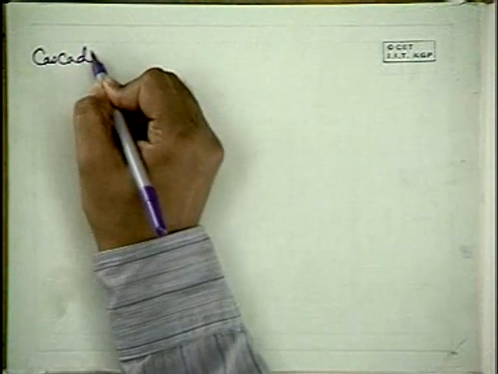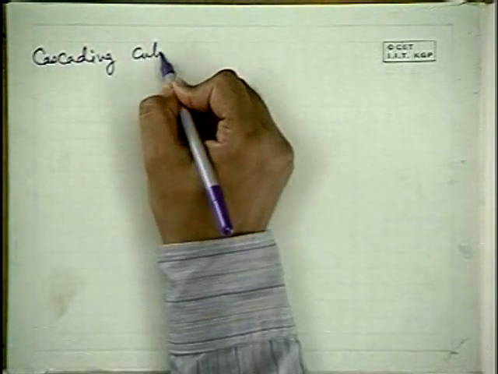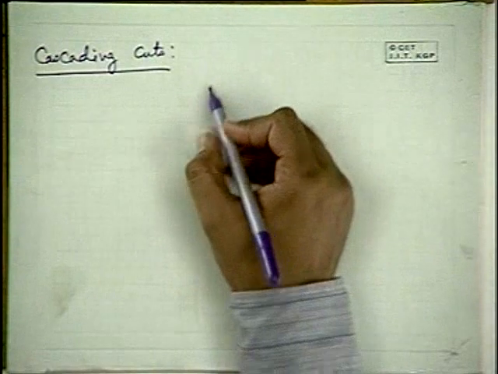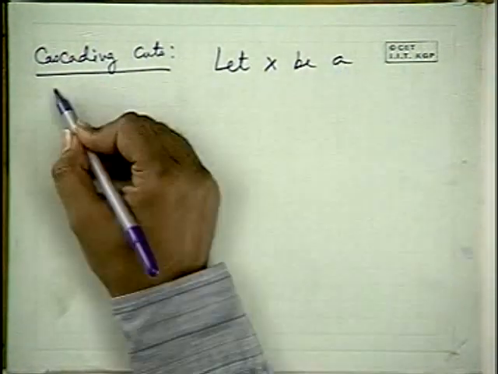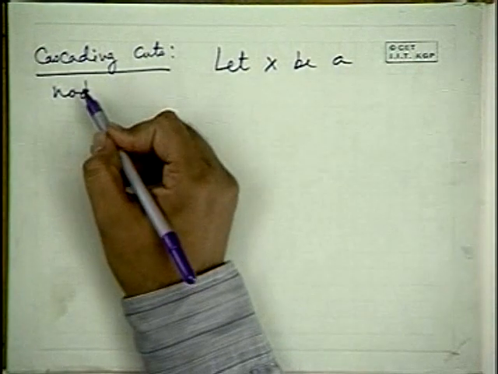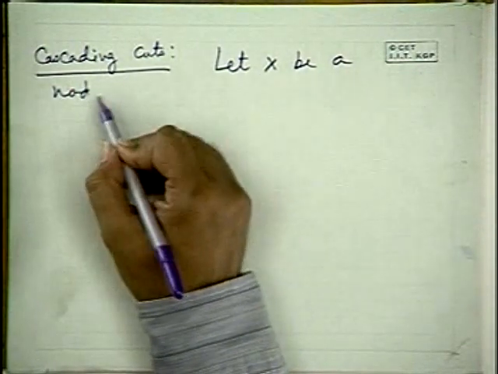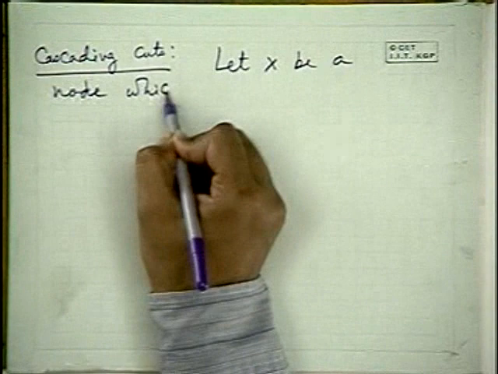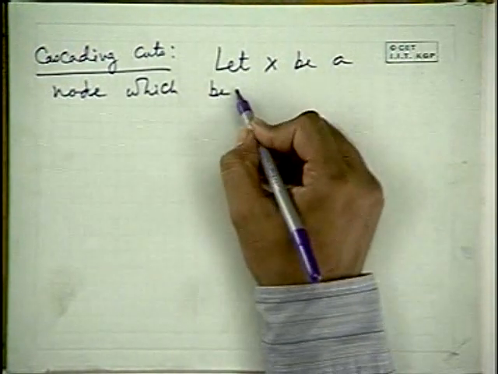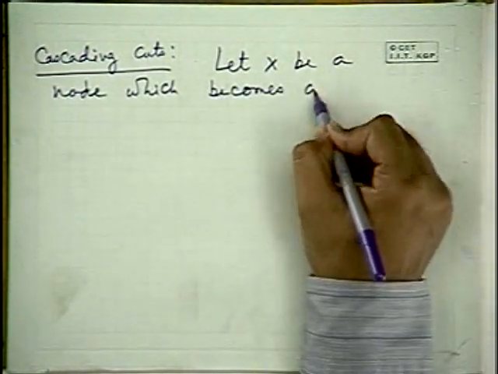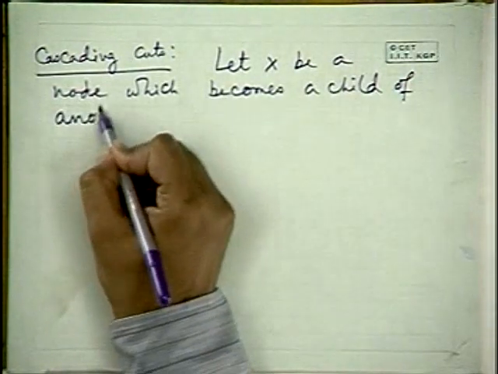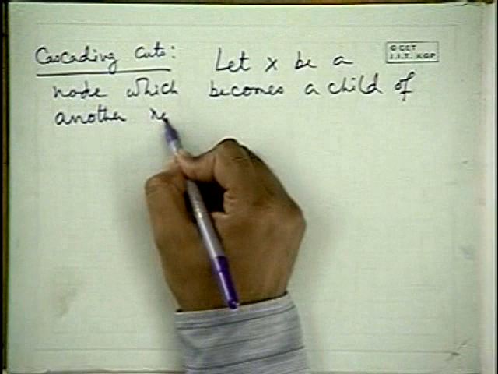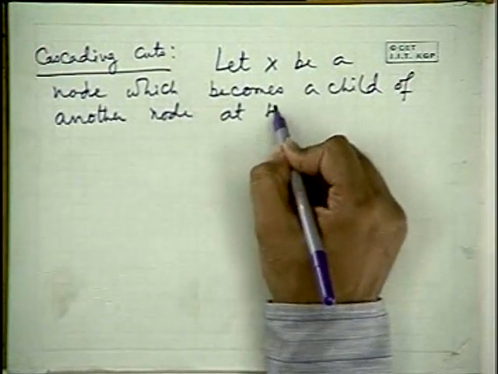So here is the cascading cut. What do we mean by cascading cuts? So let X be a node which becomes a child of another node at time say t.